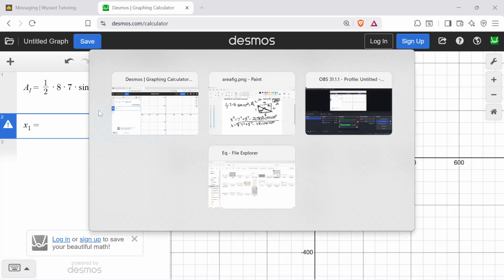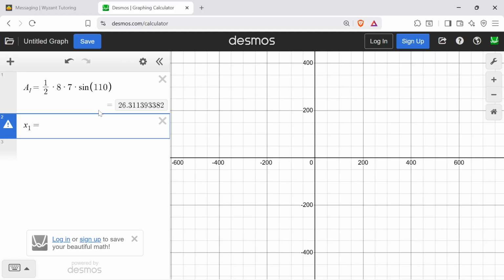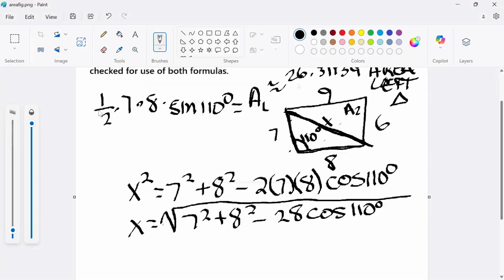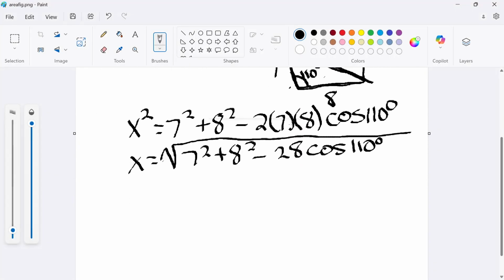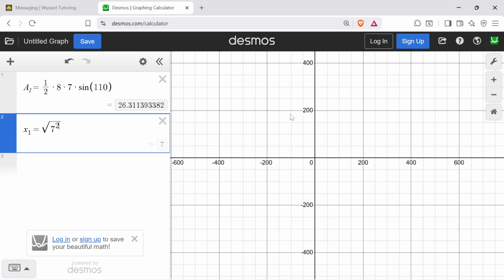x1 equals, I'm storing these in variables so that I can easily use them later. 7 squared plus 8 squared minus 2 times 7 times 8 times cosine 110. Okay, so then that's that number.